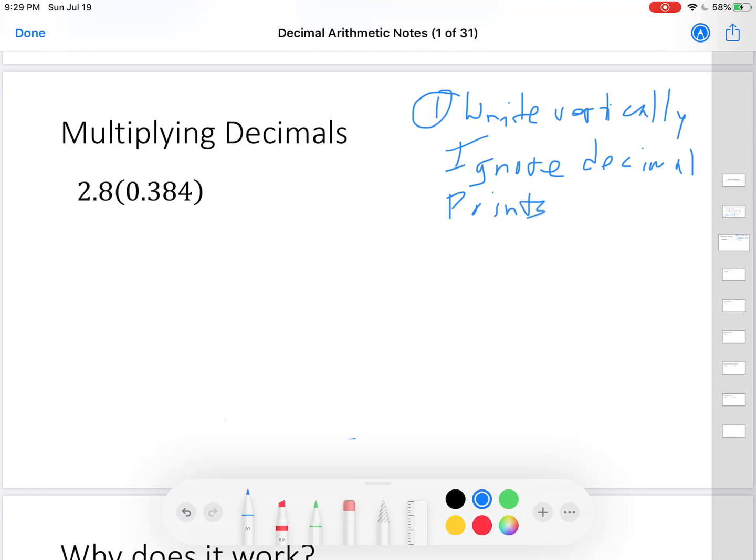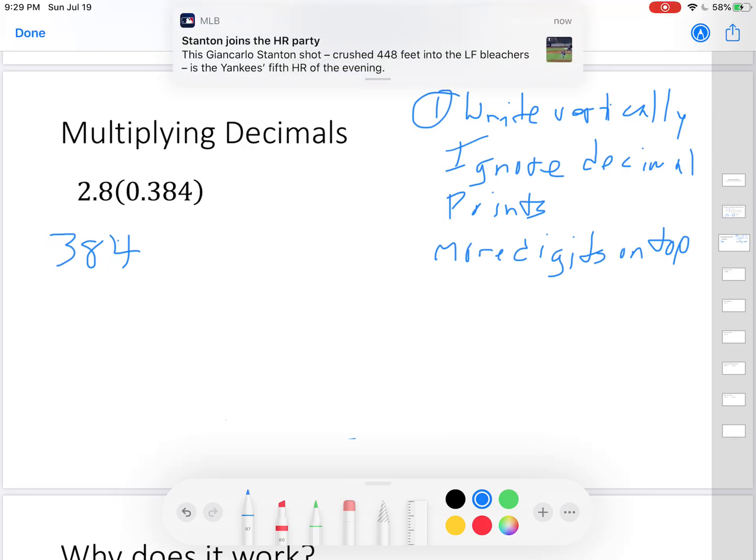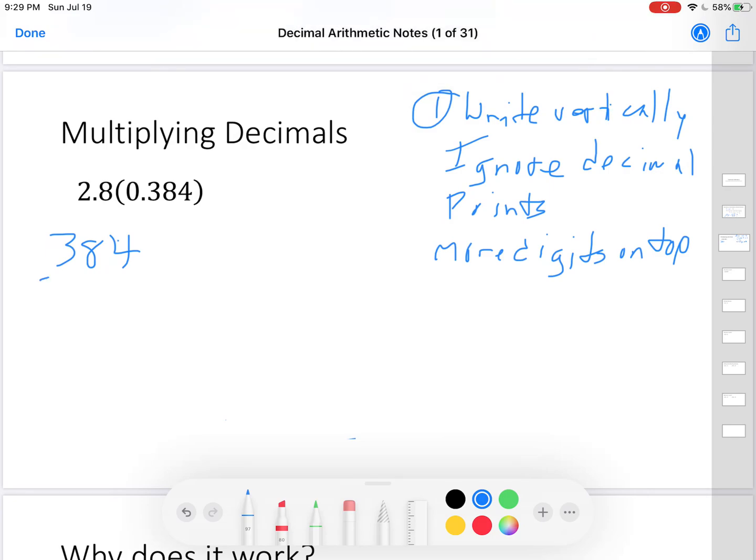Technically you want to put the one with more digits on top, though you don't have to. I'll show you. The more digits on top would be 384 at the top. I don't need the 0 there because multiplying by 0 does nothing. I'll put the one with fewer digits on the bottom. That's 28. Notice it's not 0.384, it's not 2.8, just 384 and 28.